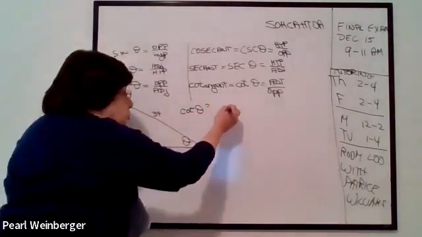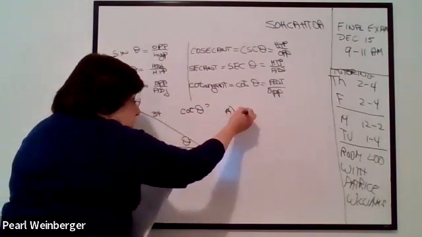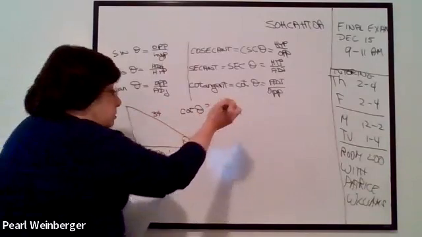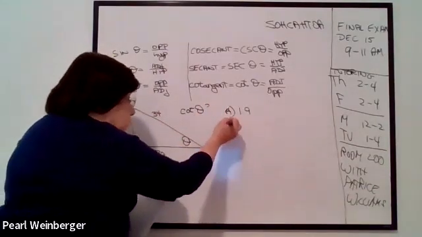And they give me the choices. They actually rounded to the nearest tenth. Most of the time they round to the nearest thousandth, but this time they rounded to the nearest tenth.